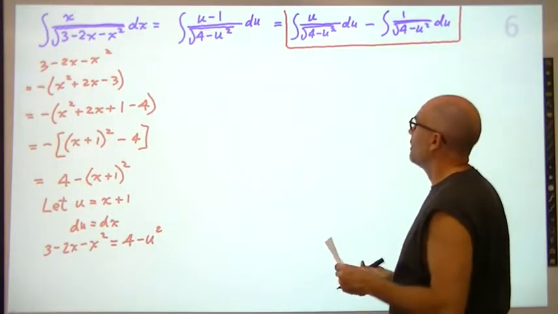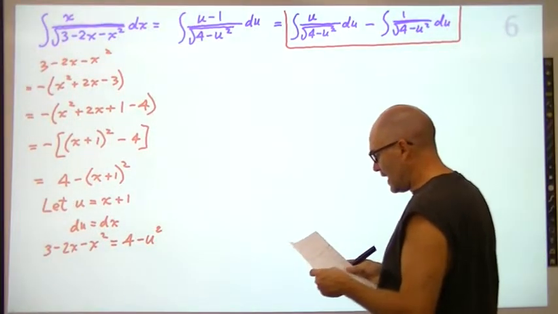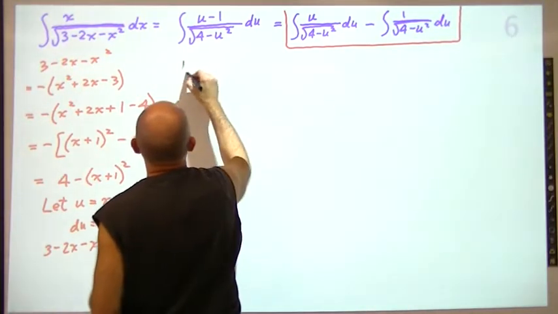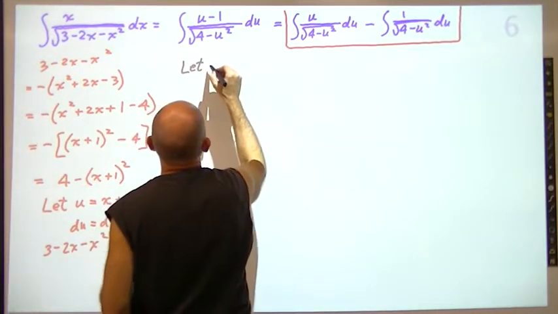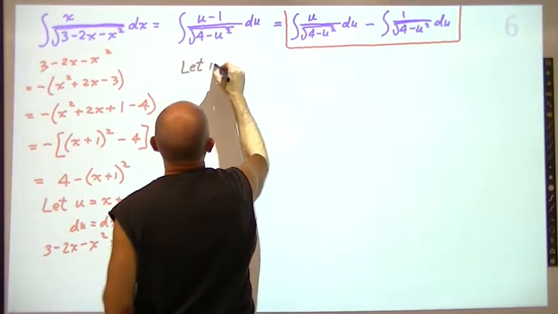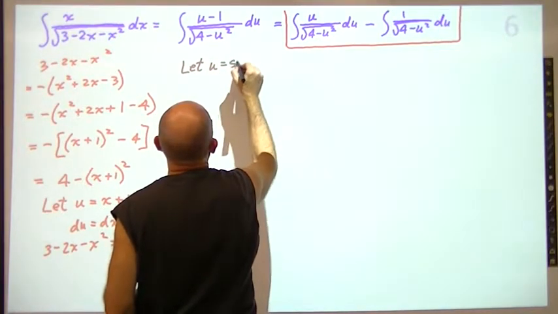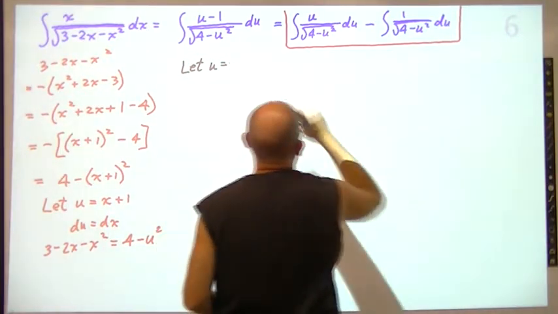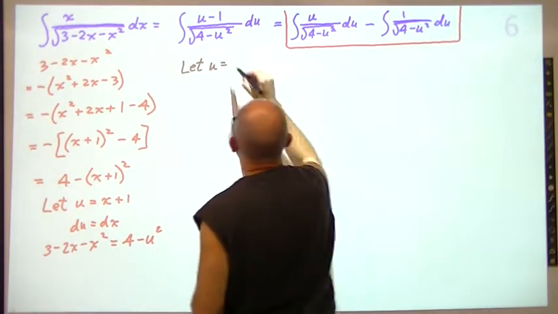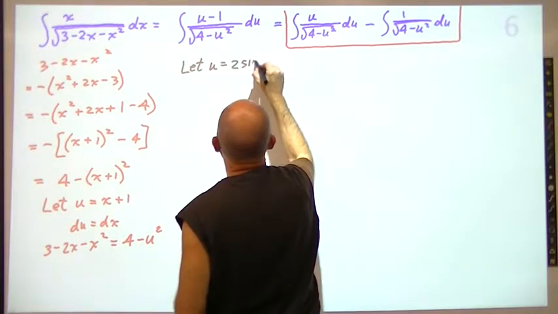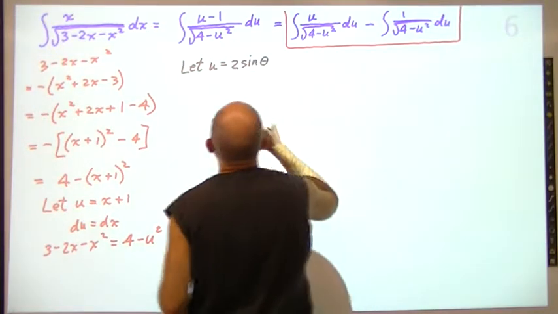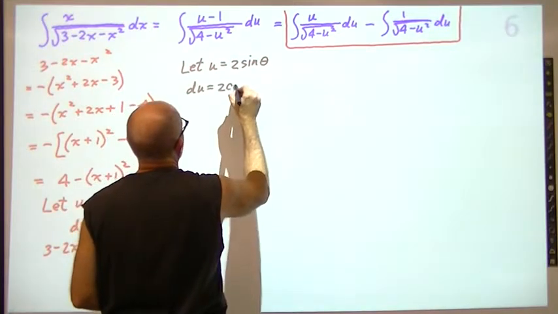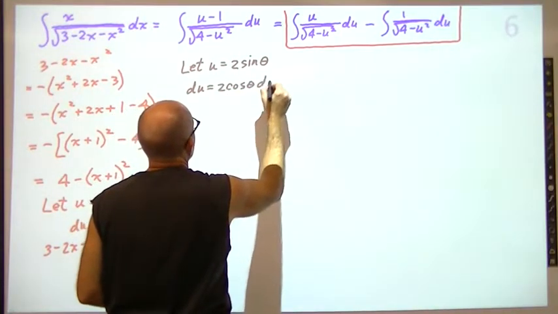We're going to do more substituting. Notice it's 4 minus u squared, so what we're going to do is let u equal 2 sine theta. And that makes du equal 2 cosine theta d theta.